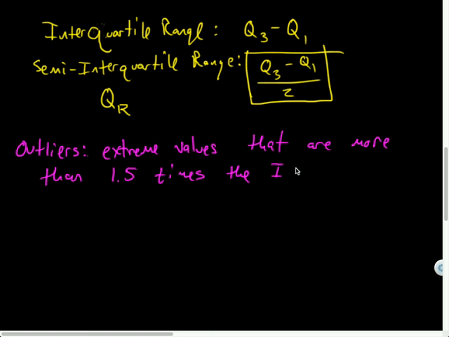So not Q sub R, unfortunately. I guess you could call it Q sub R times 2, because it would just double that and cancel it out, if you really wanted to. So 1.5 times the interquartile range beyond the upper and lower quartiles. Such a crazy definition.